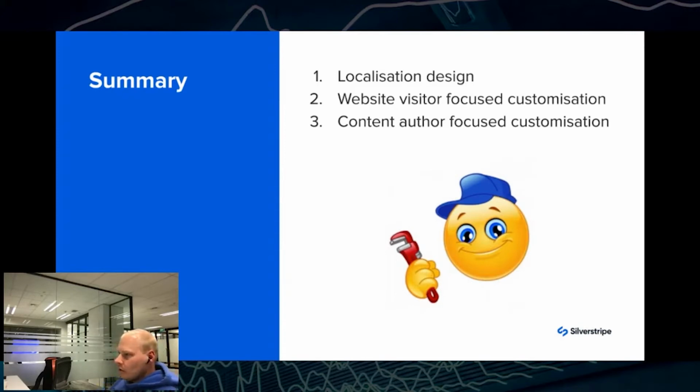There are many ways you can configure Fluent to be managed in the CMS, and some of these options are better than others. If it's not configured optimally for your project, content authors may be doing some additional work, which is not great. Fluent comes with a pretty good default setup out of the box, but it's still important to review it, to see if all things are relevant for your project.